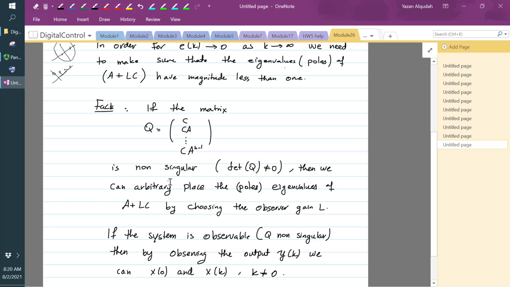Now we can use another fact: if I calculate the matrix Q that we've seen at the beginning of the semester, Q equal to C multiplied by A all the way to C multiplied by A to the n minus 1, if this Q is non-singular, which means the determinant is not equal to 0, then we can arbitrarily place the poles, which are the eigenvalues of A plus LC, by choosing the observer gain L. So by properly choosing the gain L, I can place the poles to ensure that the error is going to go to 0.